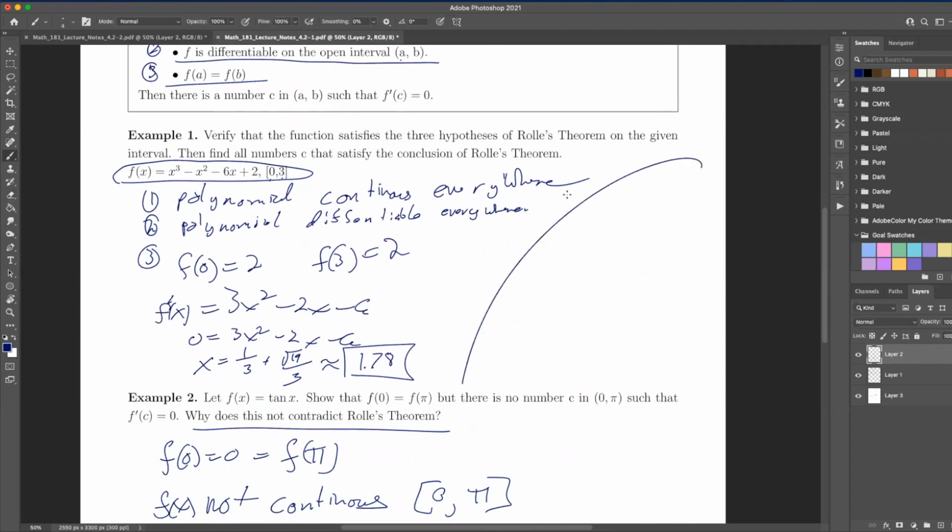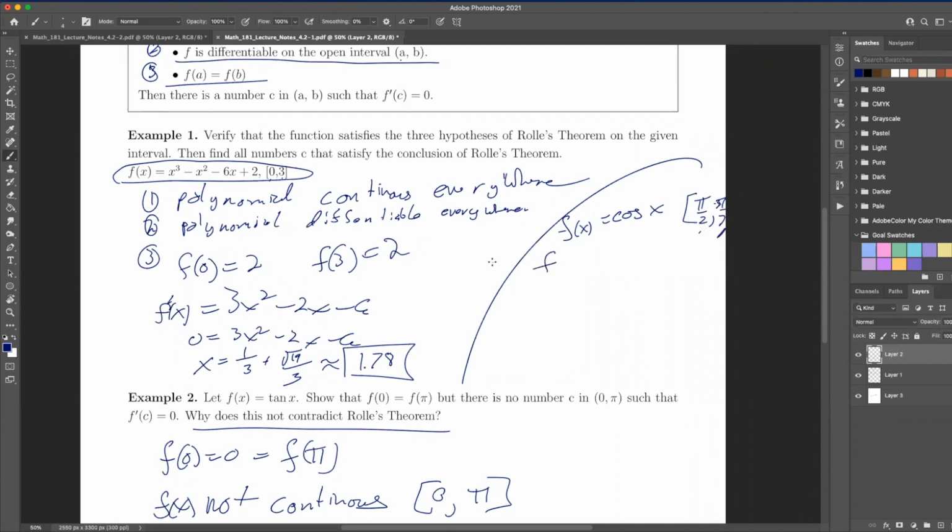So let's pretend we have f of x is equal to cosine of x, and I'm going to go from pi over 2 to 3 pi over 2. So from pi over 2 to 3 pi over 2, this function is 0 and 0, right?